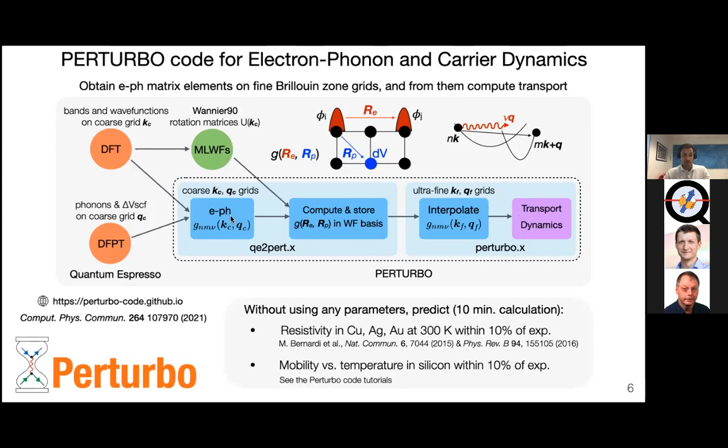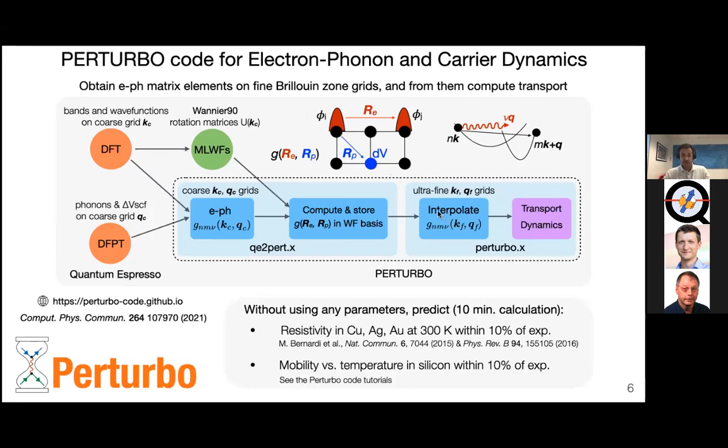So the typical approach is to first transform these interactions onto a localized basis set, typically Wannier functions. And then in this basis set, the interactions decay rapidly. Therefore, we can then Fourier transform them onto very fine grids for both the electron momenta k and the phonon momenta q.